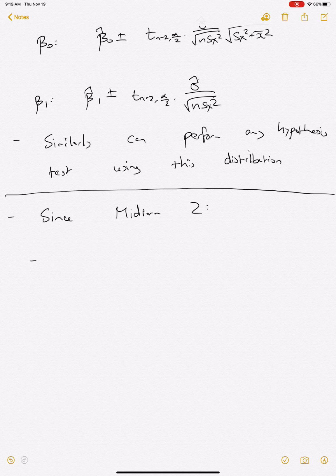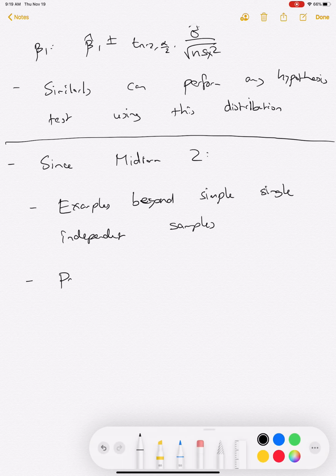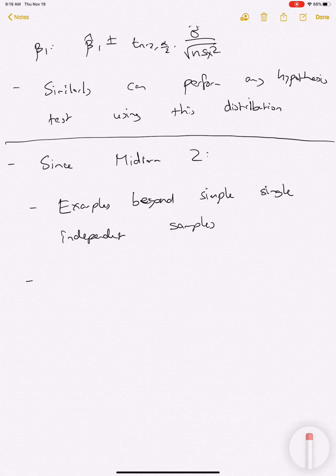So we're looking at examples beyond simple single independent samples. We covered paired samples, and then the next case, which was two samples, which was chapter 11.